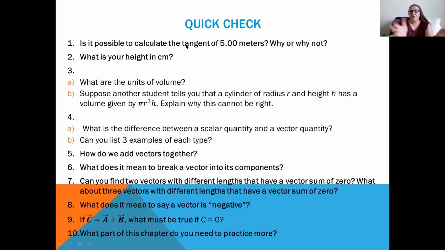And if not, then you might already know your height in centimeters. But on a quiz or a test, you probably would be asked to do some actual manipulation of numbers and equations. But this just, again, is supposed to be a little snapshot about conceptually what you should understand about chapter 1.